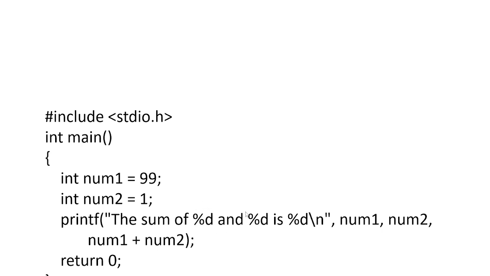This is one integer, this is another integer to be printed here, and the result will be printed on the screen. We will see this in the Dev C++ compiler. We will write programs and we will see the practical aspect of it.